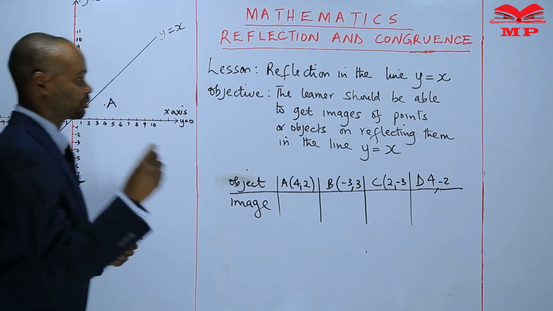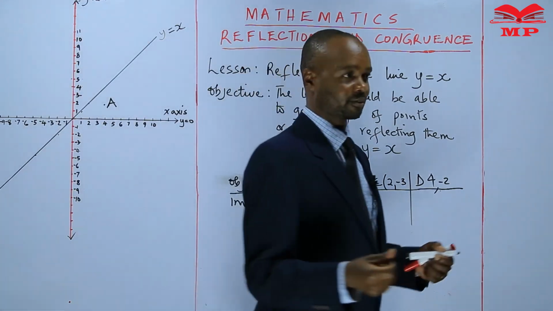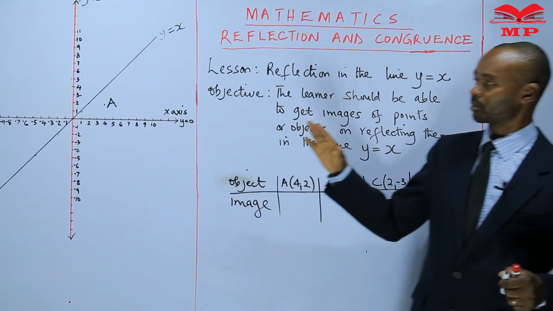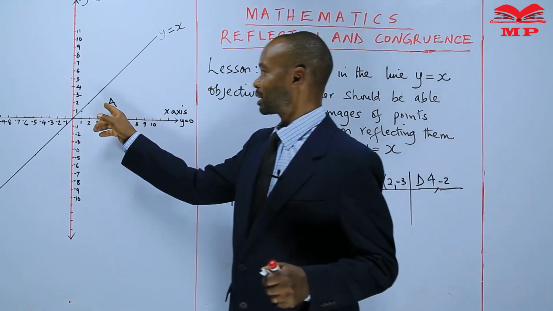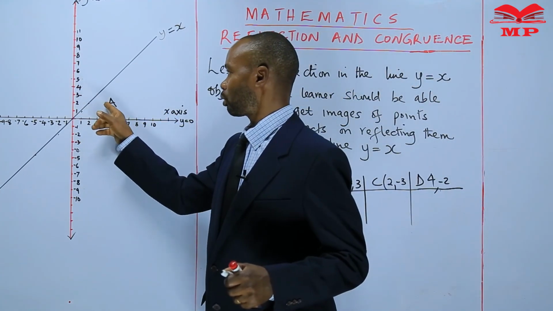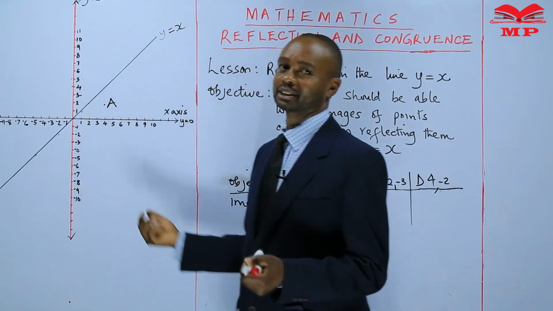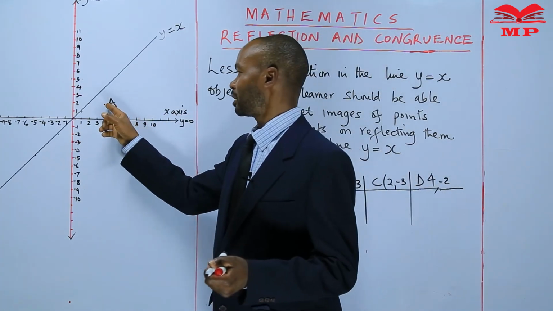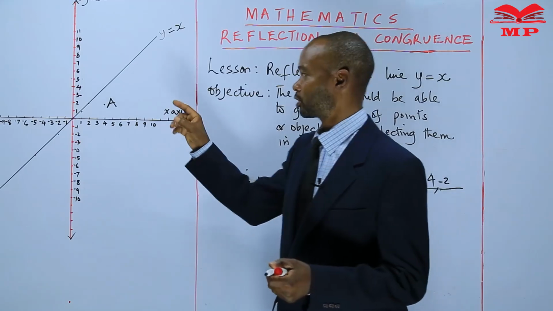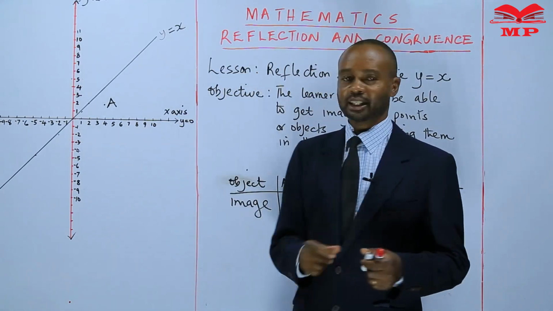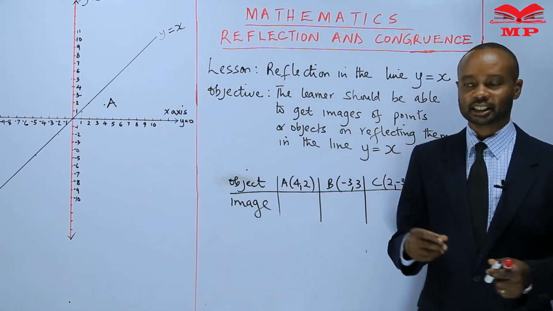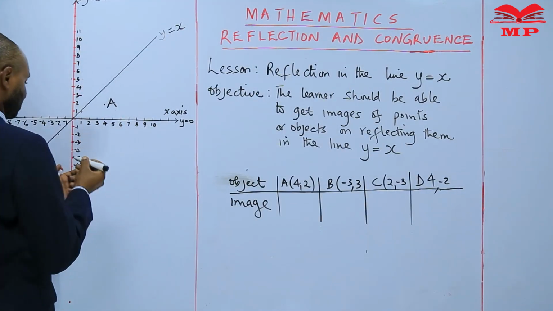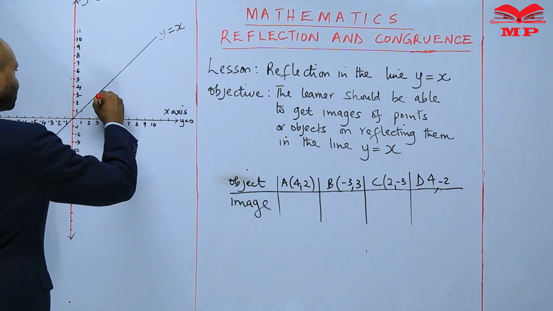From the properties of reflection, the image will be at a distance equal behind the mirror as the object is in front, and the line joining the object to the image will strike the mirror line or the reflecting line at 90 degrees. Let's move and see.